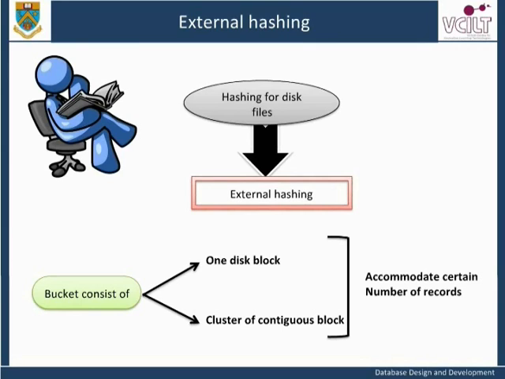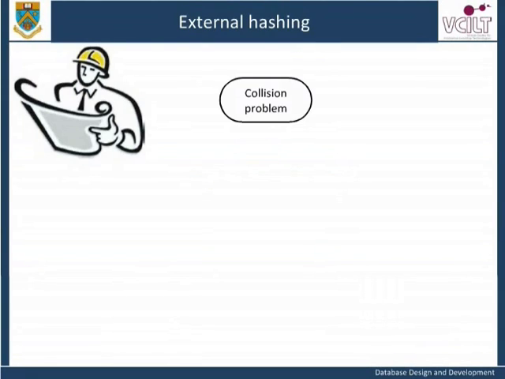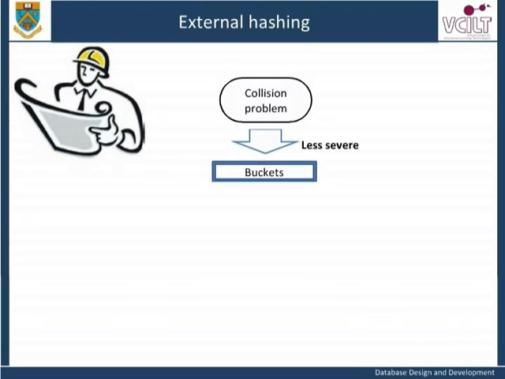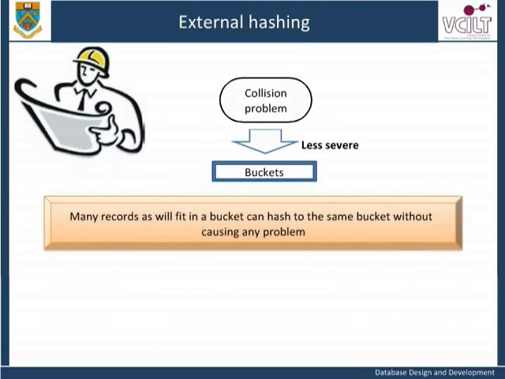A hash function maps a key into a relative bucket number rather than assigning an absolute block address to the bucket. A table maintained in the file header converts the relative bucket number into the corresponding disk block address. The collision problem is less severe with buckets because as many records as will fit in a bucket can hash to the same bucket without causing any problem.